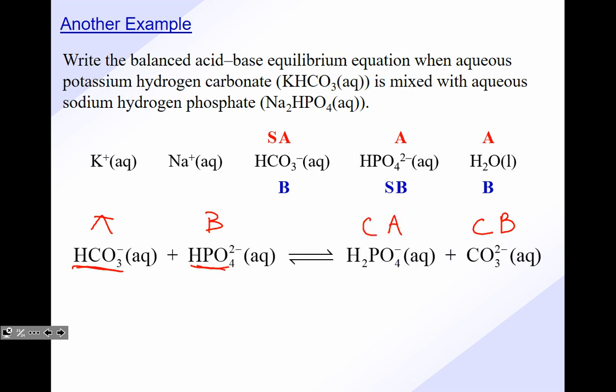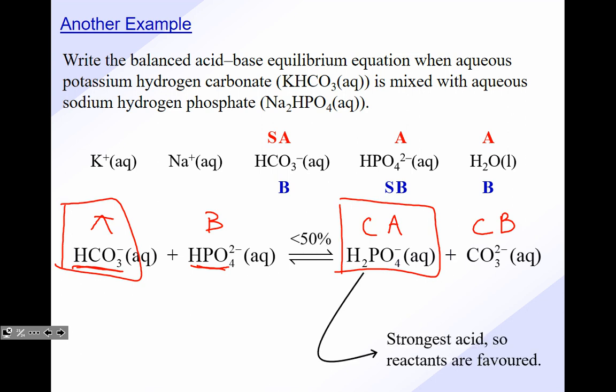When you're deciding if it's going to favor the products or favor the reactants, compare these two. You have to compare this guy with this guy. Once you compare these two, whichever is higher on that table, that becomes your strongest acid, and it always favors the side that is opposite your strongest acid.